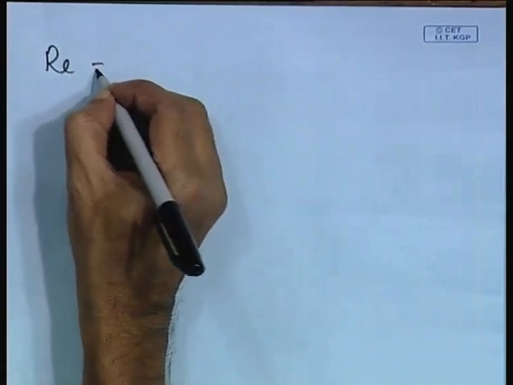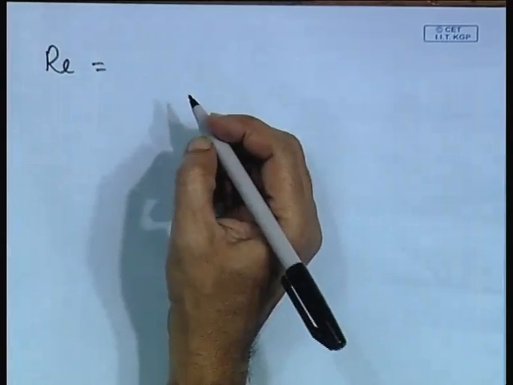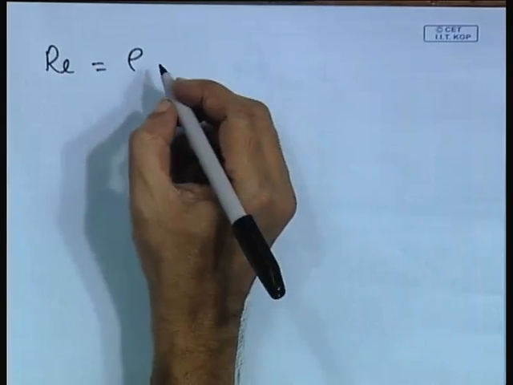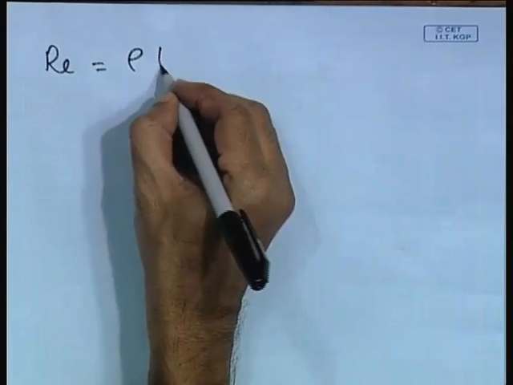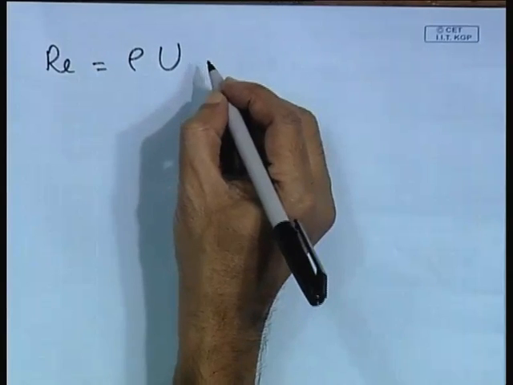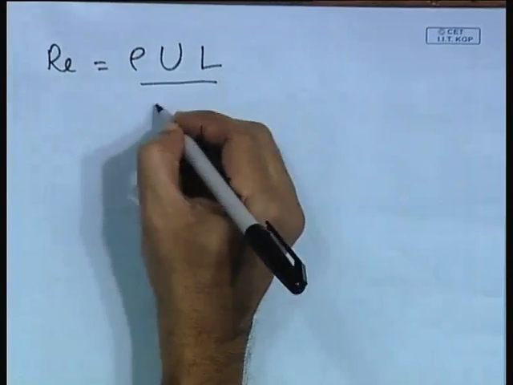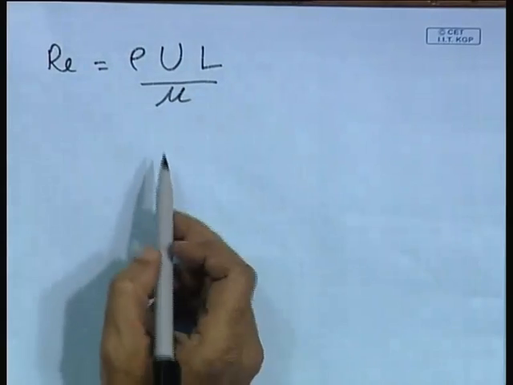So, Reynolds number, Re, will be some sort of rho, and then velocity, and then some sort of length parameter, by viscosity.